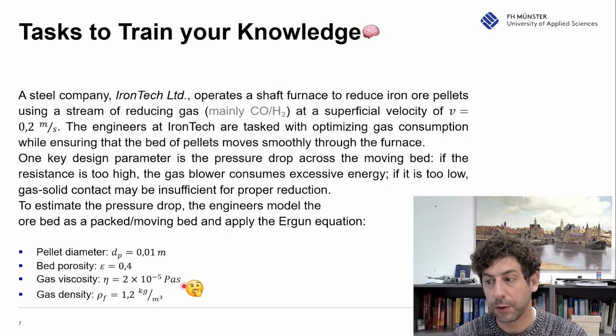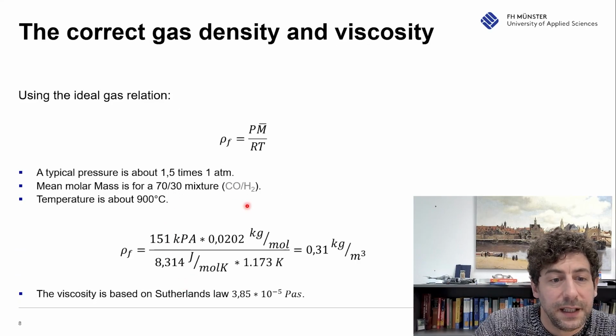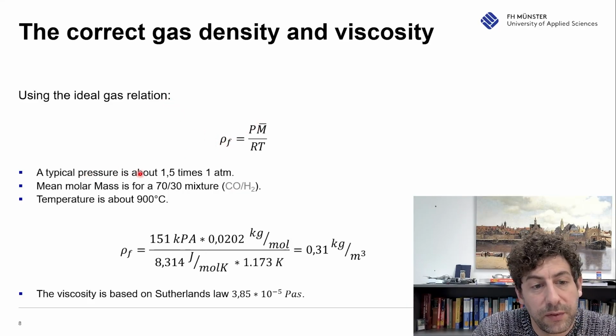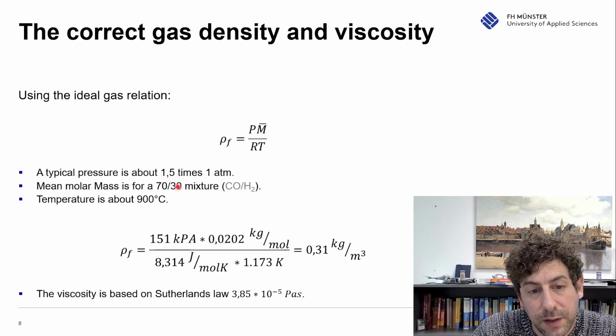So looking again, we can use the ideal gas relation to get the density of the fluid, and normally we have a pressure which is 1.5 times 1 atm, so 1.5 multiplied. And we also have a mean molar mass, which is a mixture of CO and hydrogen.